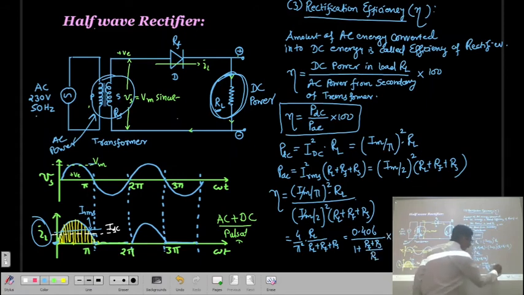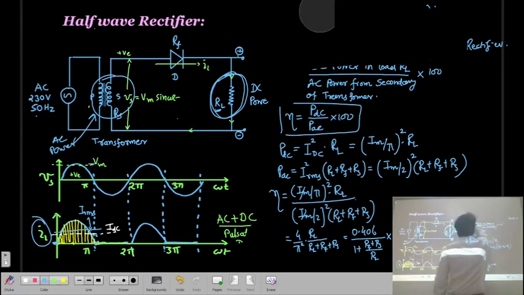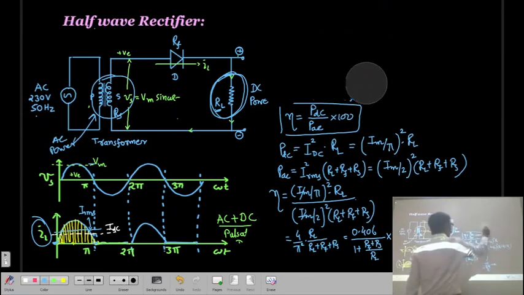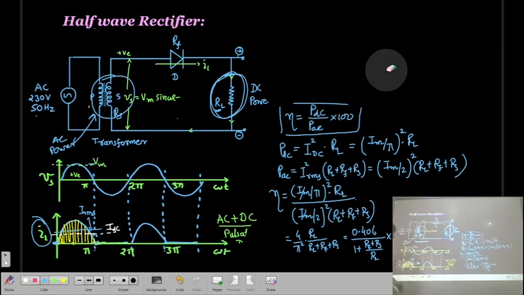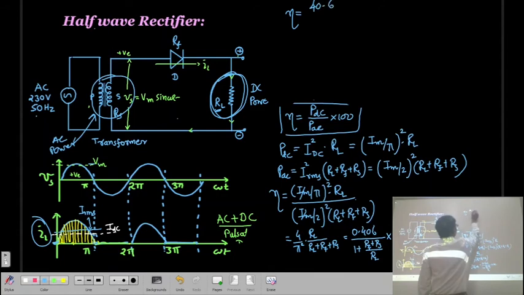For the percentage you multiply by 100, so the efficiency will be 40.6 divided by 1 plus RF plus RS divided by RL. This is important.